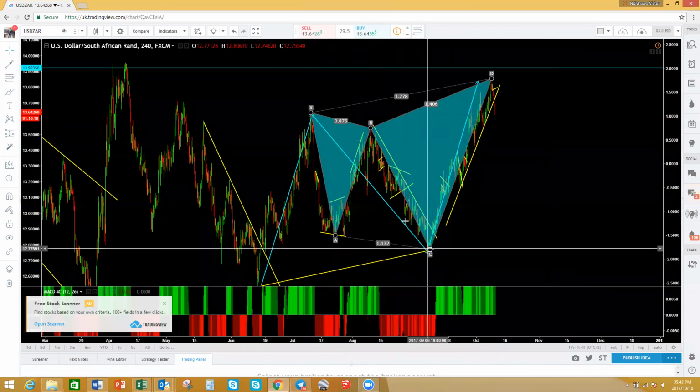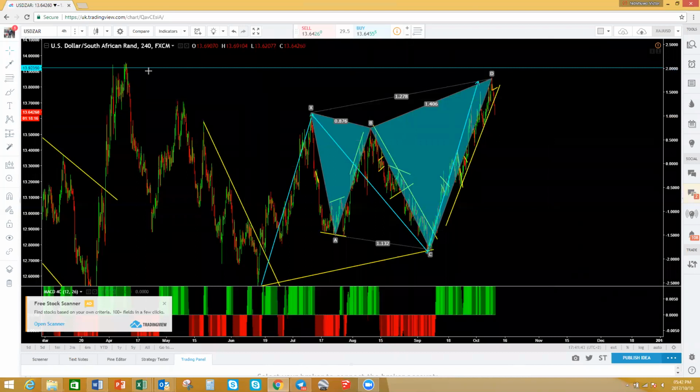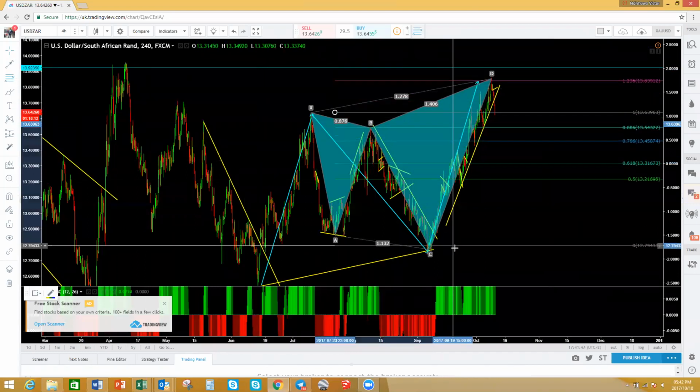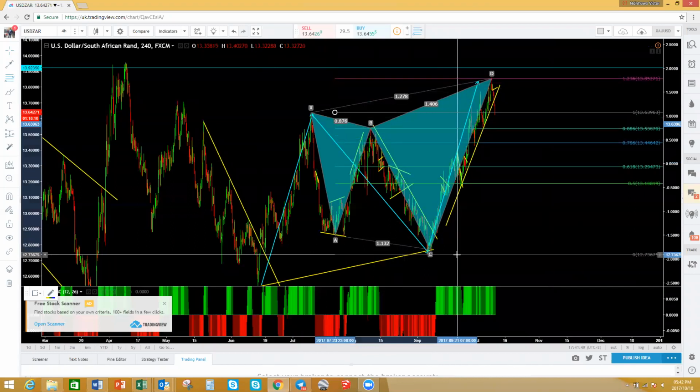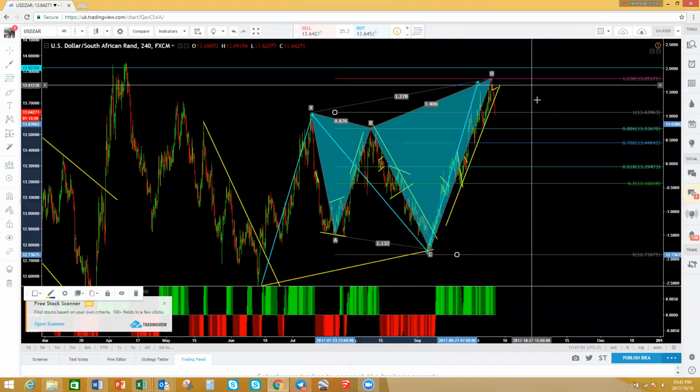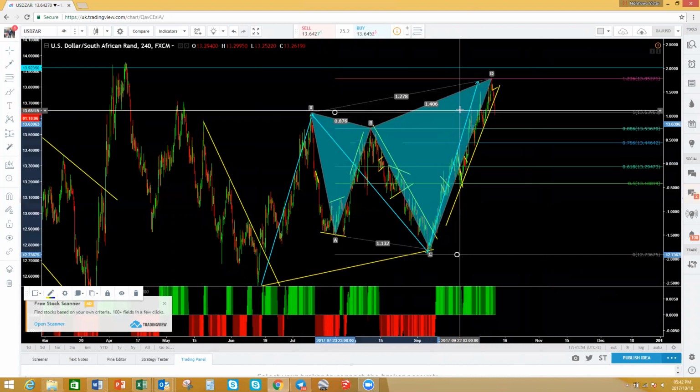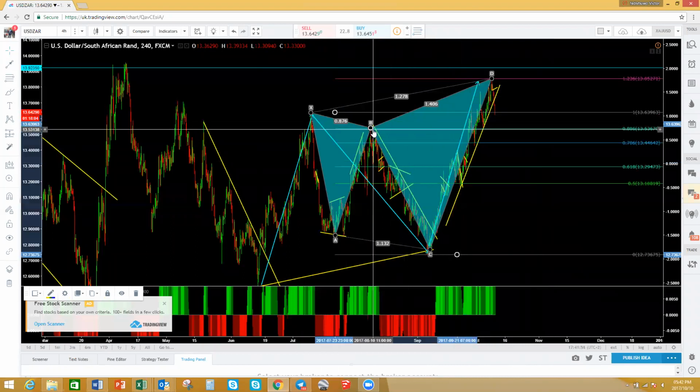So your butterfly would end at, this one is actually ending at the 100% extension. So looking at this, the butterfly actually does not comply with the rules.